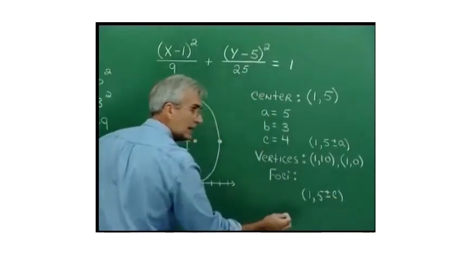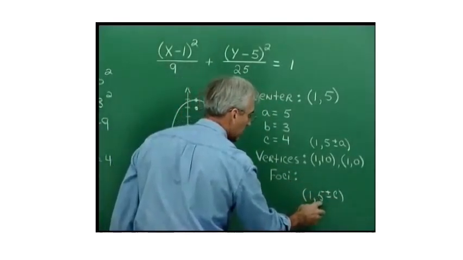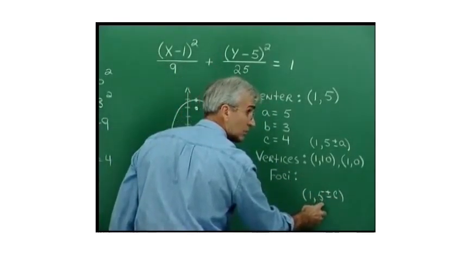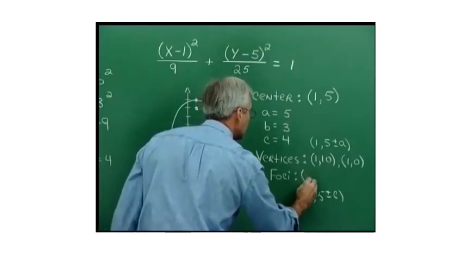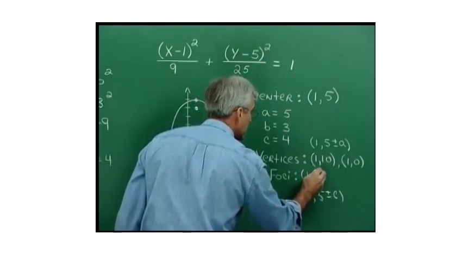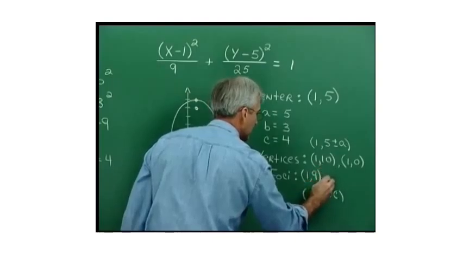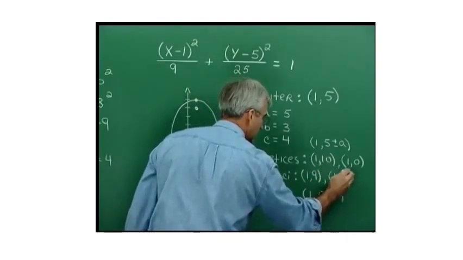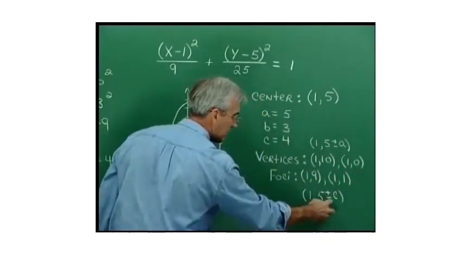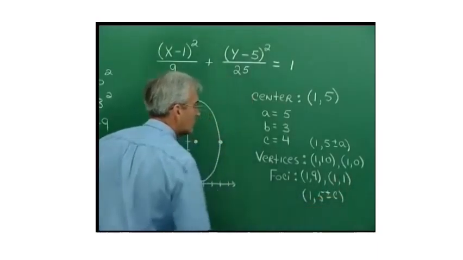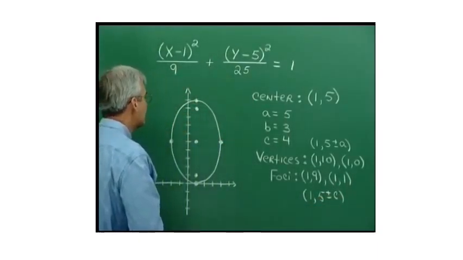You see, that's the idea. So we're adding and subtracting 4, really, to this point in the vertical way. All right, so let's see. We have 1, 9, and then 1, 1 for 5 minus 4, you see, for that component. Okay, so that's the idea.